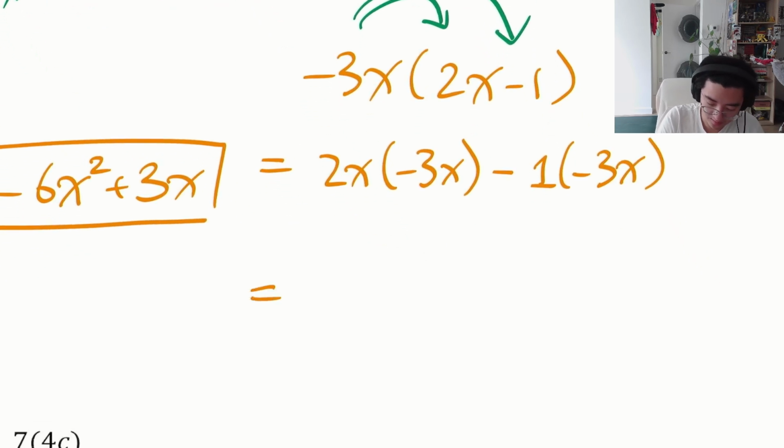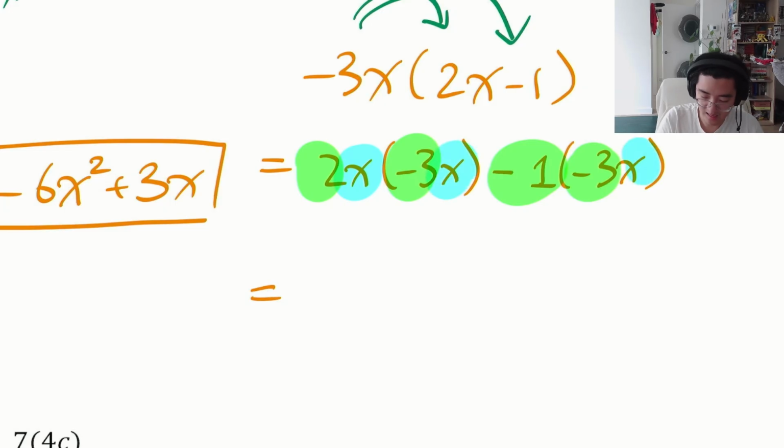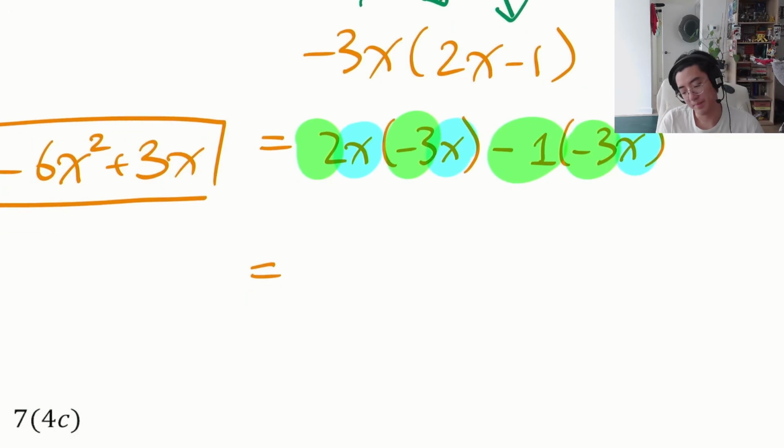Combining like terms, we have 2 and negative 3 here as coefficients. Here we have negative 1 and negative 3 as coefficients, and then x as just x. So, 2x times negative 3x: 2 times negative 3 is negative 6, and x times x is x squared.